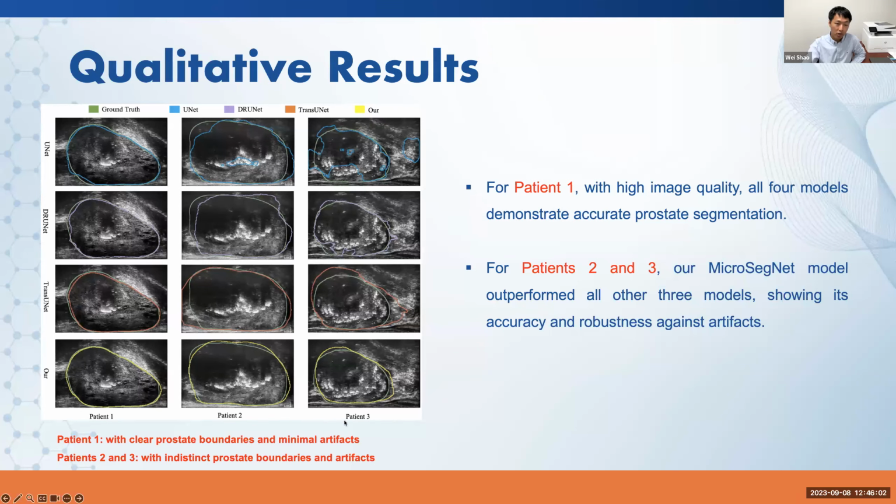Our method is more robust to artifacts, and also has higher overlap between the prediction and the ground truth. The conclusion is that all methods perform relatively well for high quality images, but when you have artifacts, our method is more robust and more accurate.